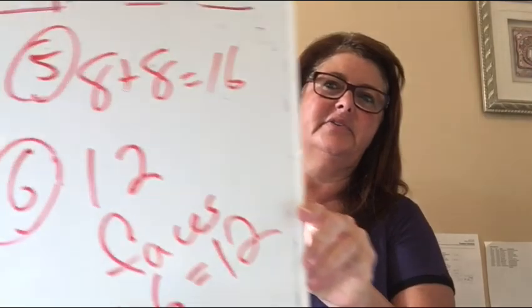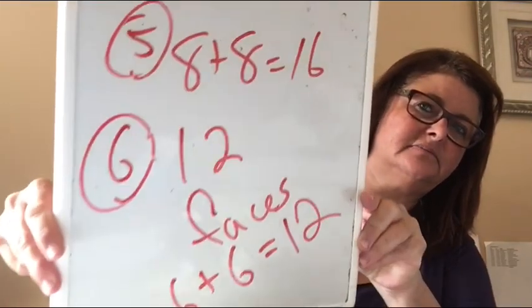There are 6 sides on each cube. So we're going to add up 2 cubes. 6 plus 6 equals 12 faces. On page 575, here is number 5 and 6.